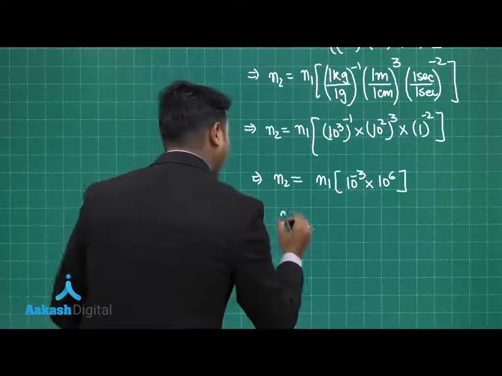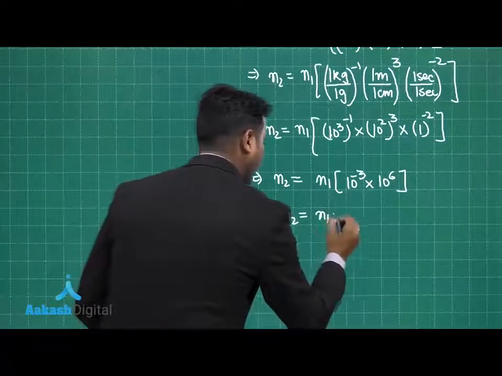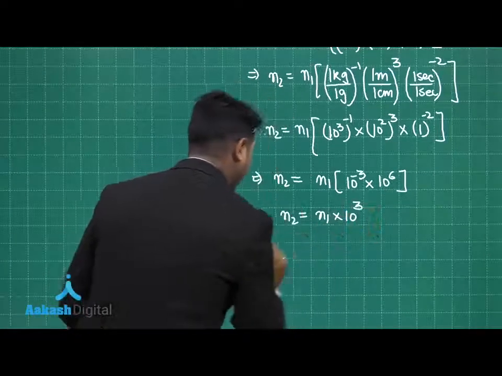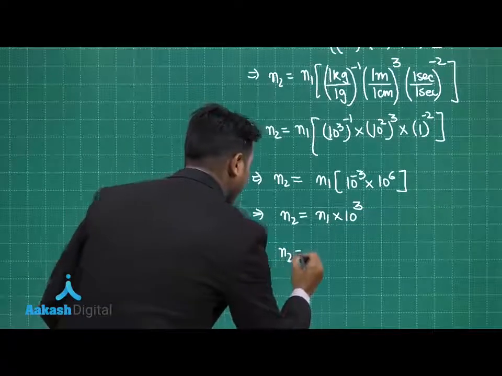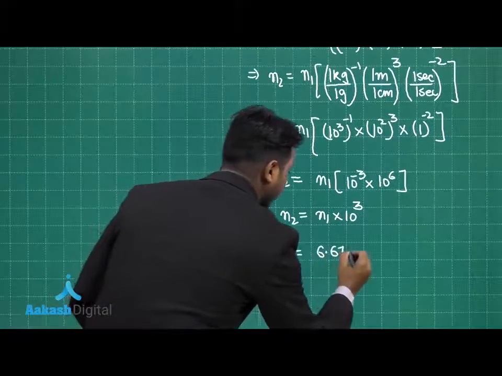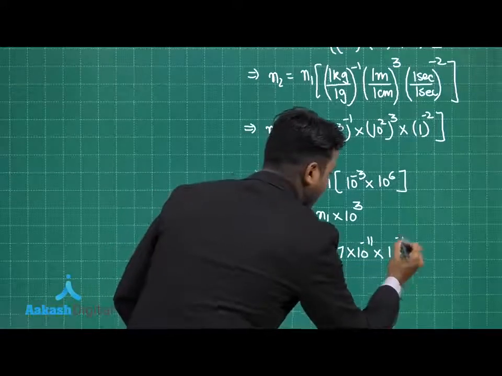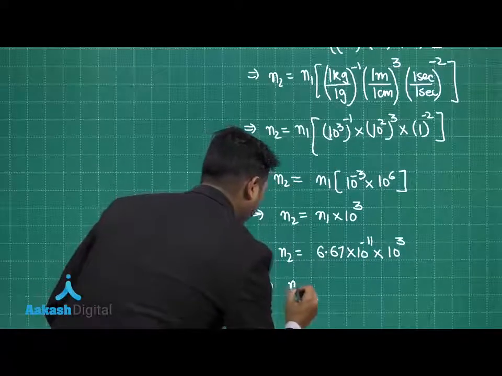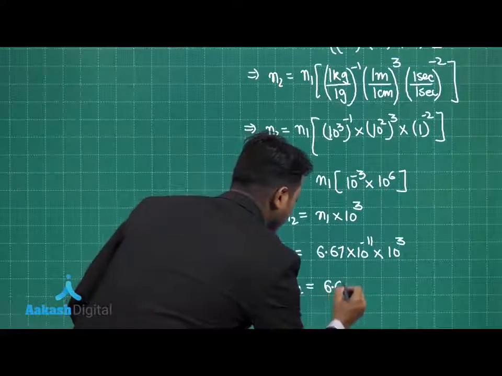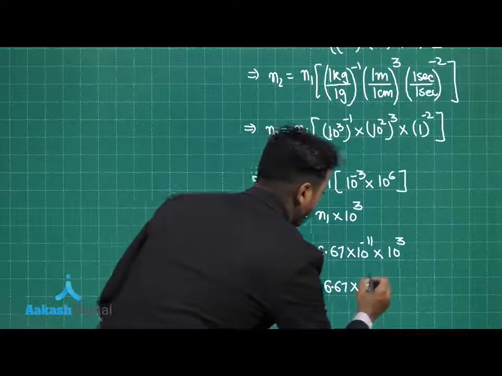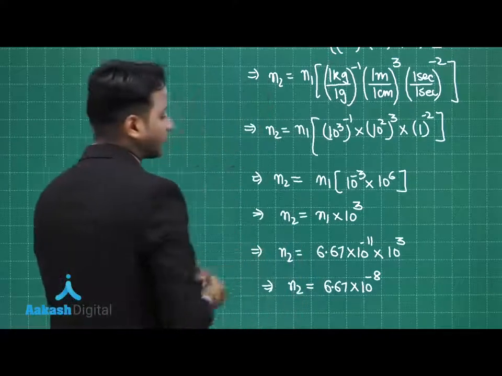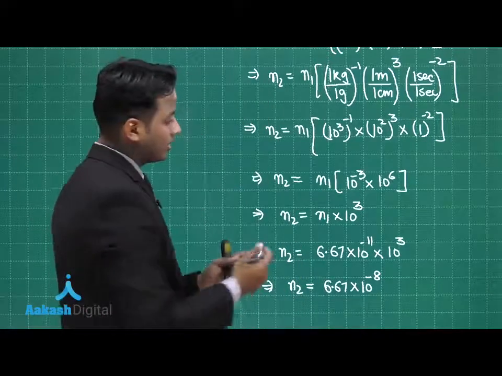So we have simply N2 is equal to N1 into 10 to the power 3. Then I can substitute the value of N1, that is 6.67 into 10 to the power minus 11, multiplied with 10 to the power 3, and I will have N2 is equal to 6.67 into 10 to the power minus 8 as the numerical value in the CGS system.